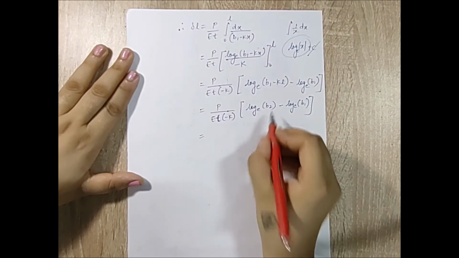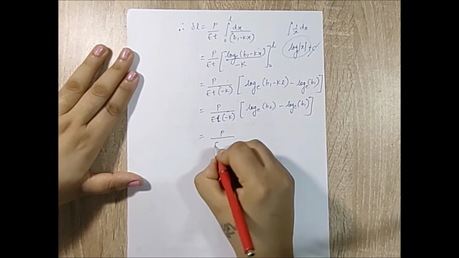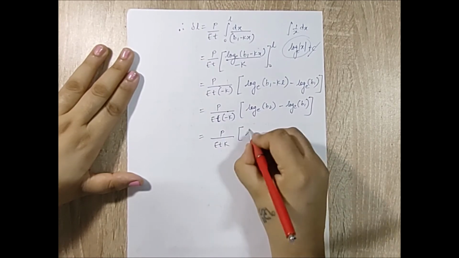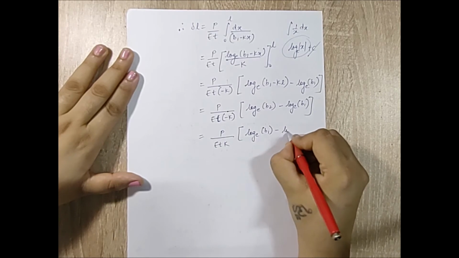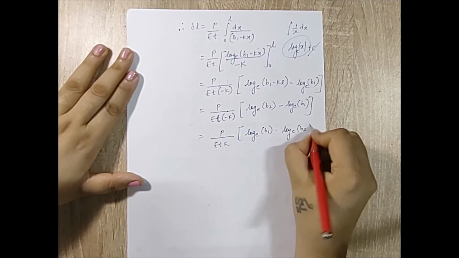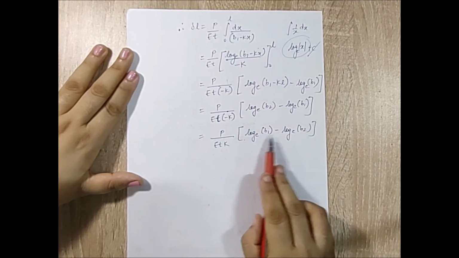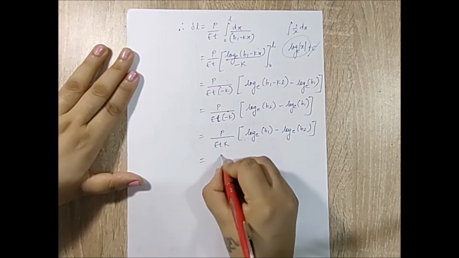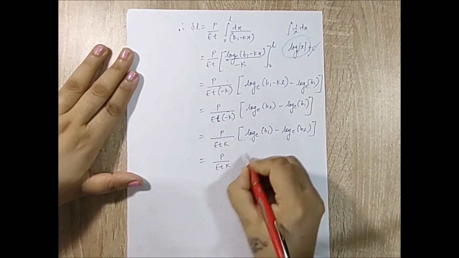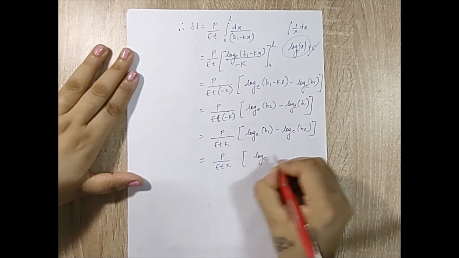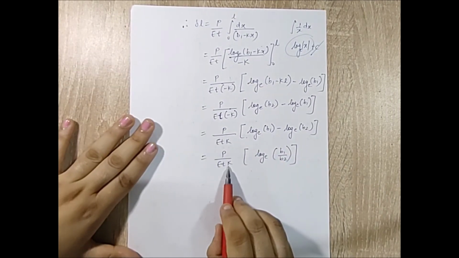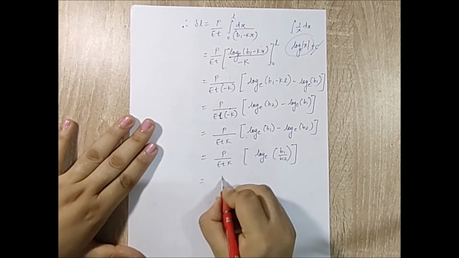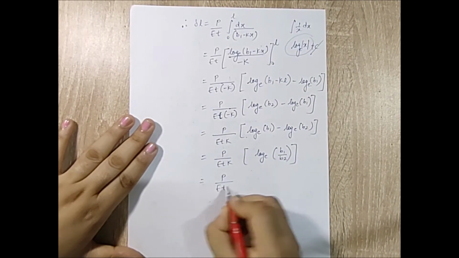If I take this negative sign here, I'll get log to the base e, the signs get changed, B1 minus log to the base e B2. Log of a minus log of b is log of a by b, and last I'm going to substitute the value of k over length L, so it will be upon Et.